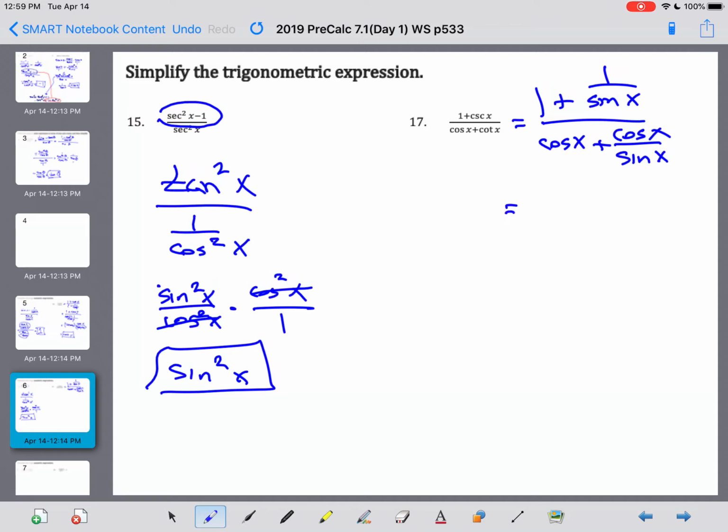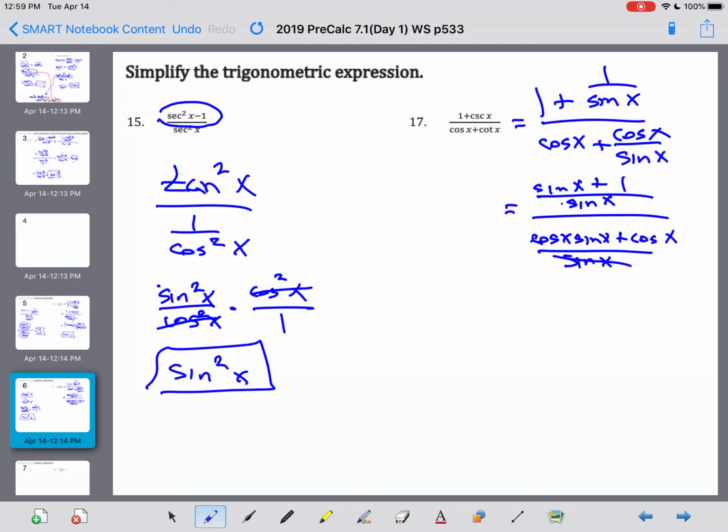Getting common denominators in both the top and the bottom. Here I'm going to get sine x, and I'm going to get sine x plus 1. Here I'm going to get sine x in the denominator as well, and I'm going to say cosine x sine x plus cosine x.